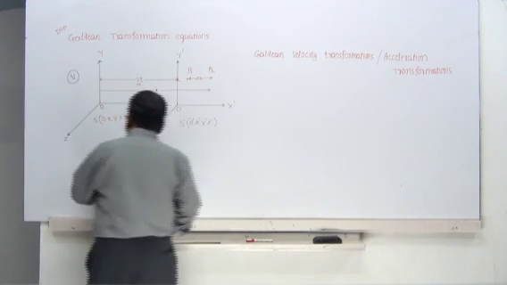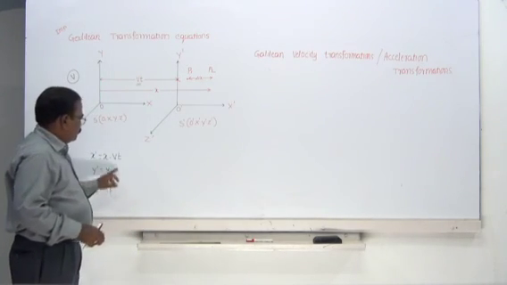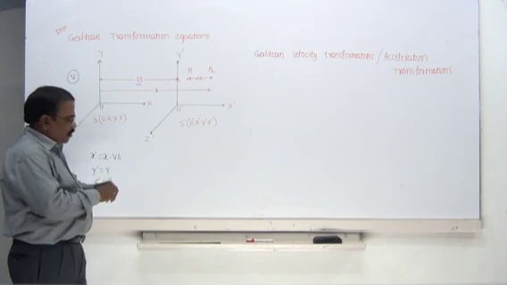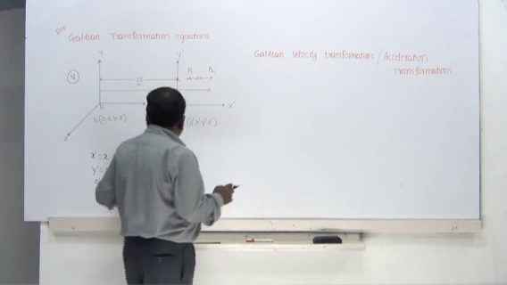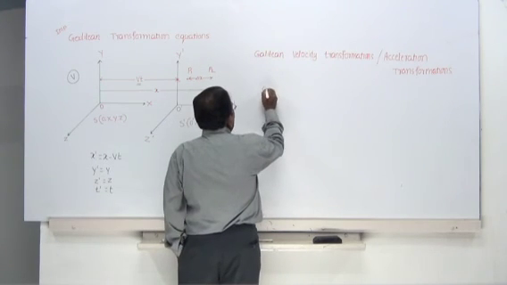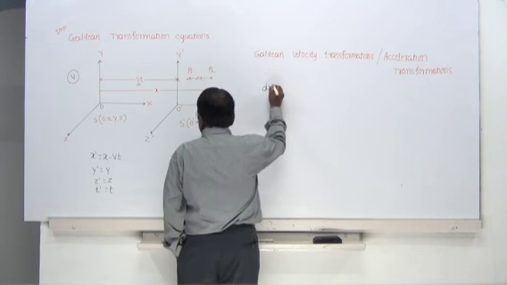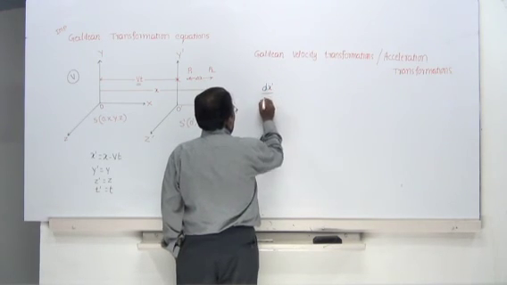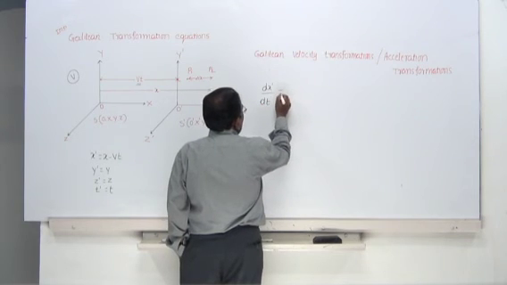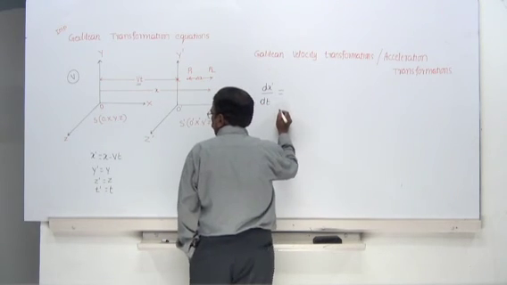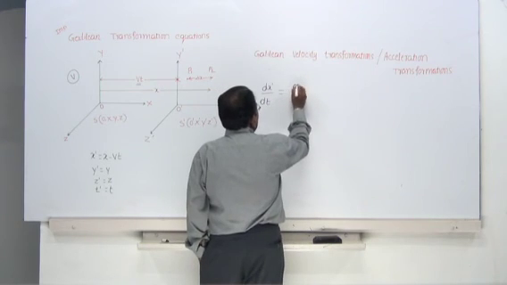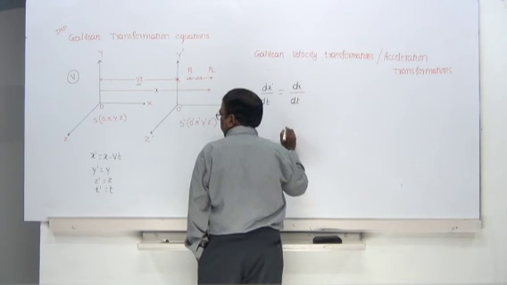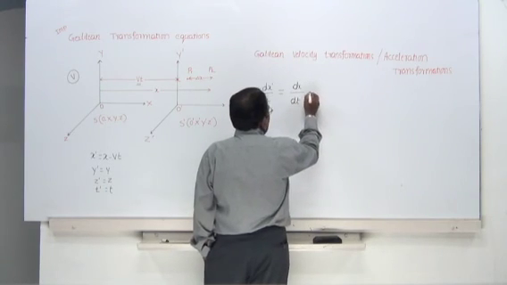If you differentiate these equations with respect to t, the first equation gives dx dash upon dt equals dx upon dt minus v.